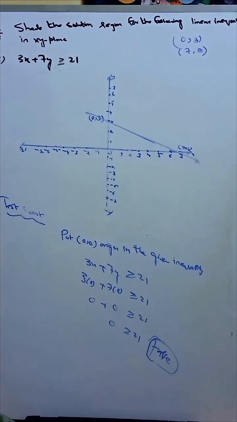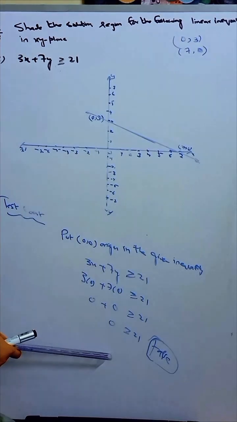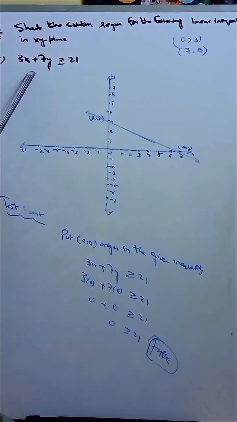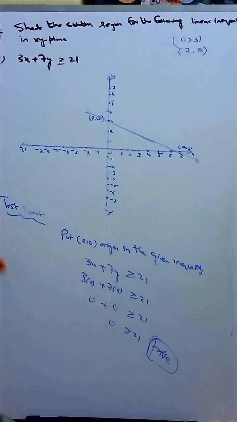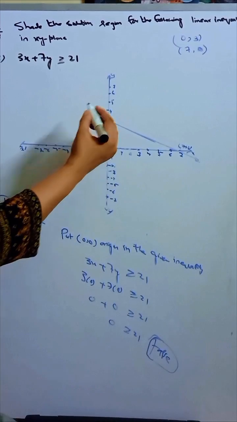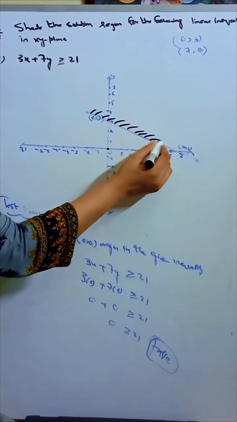Now, the next step is, as you can see, the answer is false. By putting the origin (0, 0) in the given inequality, the answer we get is false. So whenever the condition is false, you have to shade the area away from the origin. Towards the origin was downside; away from the origin must be like that. You have to shade outside.